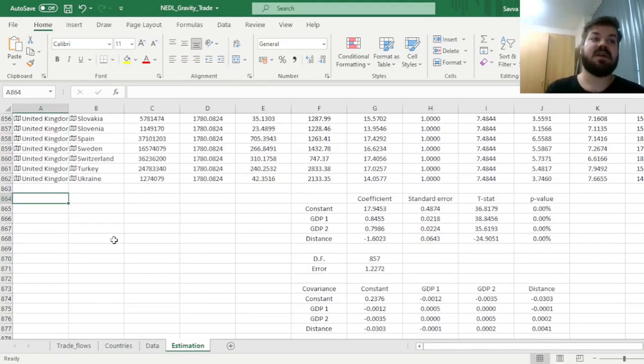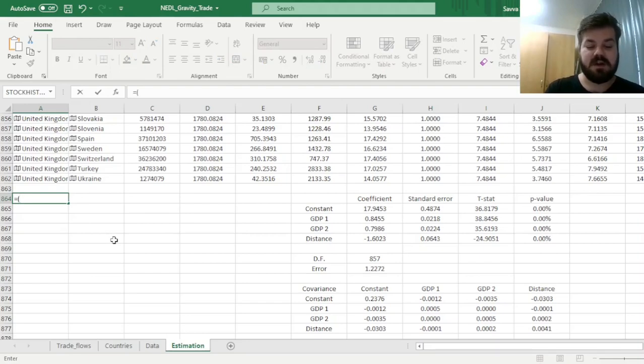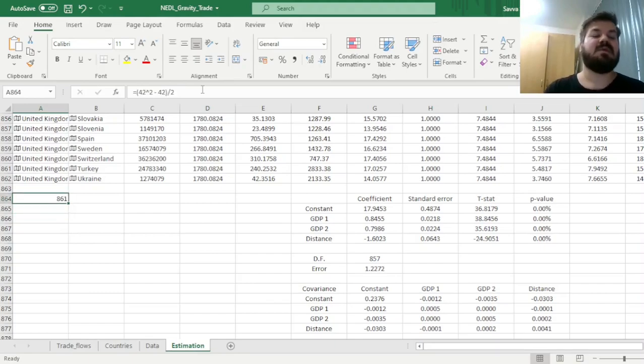It's quite nice to figure out how many observations we have got and whether we have got any zero observations with non-trivial pairs. So here we can do the following manipulation. We can say that initially we have 42 squared observations, then we remove the diagonal, and then we divide it by 2 because, well, we had 42 squared observations, we remove the diagonal, and then if we divide by 2, we only remove the pairs we have already counted otherwise, and you get 861.